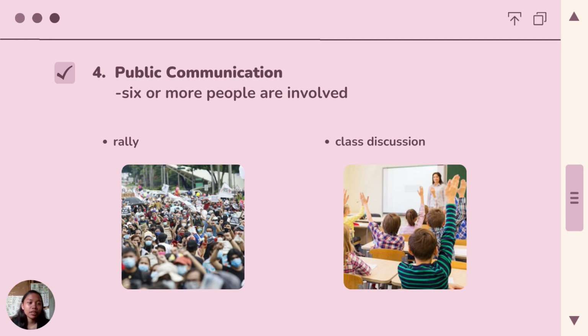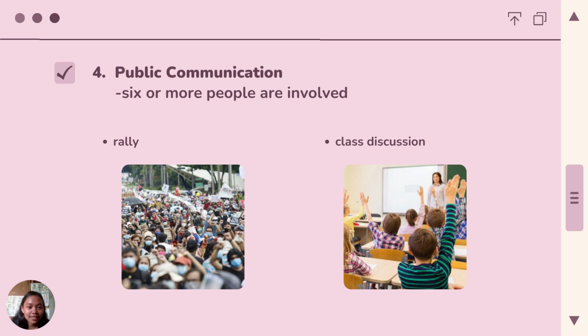Yes, when people go together and voice out their sentiments or their opinions about certain government issues and they want it to be addressed by the government. And political rallies too. It's observable nowadays because it's campaign period for the coming election. So mostly rallies happen.